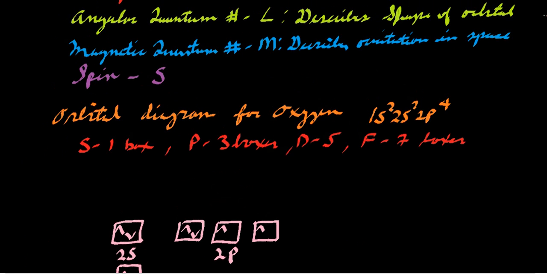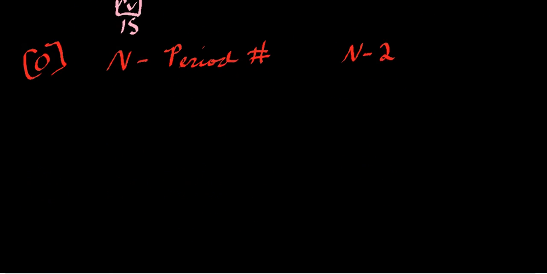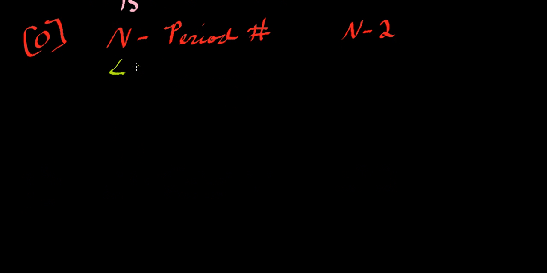Now, if we look at our angular quantum number, or our L, this describes the shape. The shape is determined by the sublevel. What's a sublevel? Remember, it's just S, P, D, or F. And each one has a number.